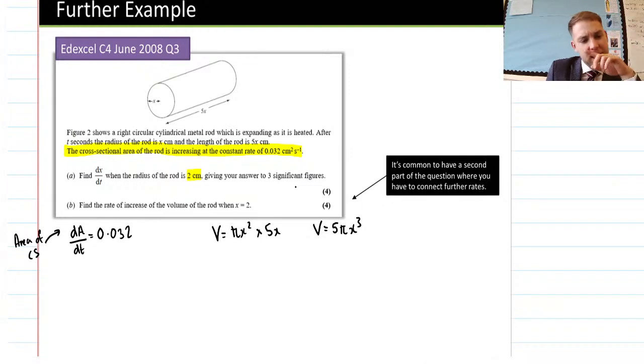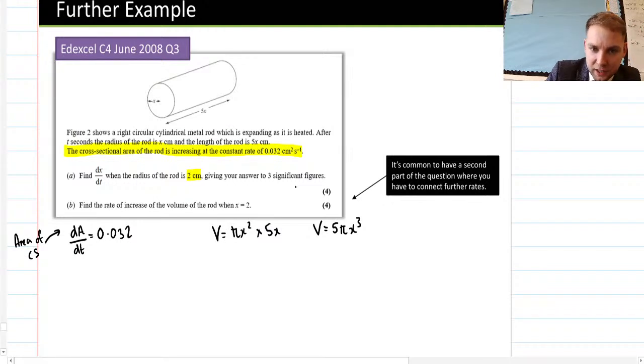Now the thing that they've told us is the area of the cross-section, and they've told us the rate of increase of the area of the cross-section. I know that the area of the cross-section, it's probably worth writing that down here, is equal to pi r squared, isn't it? Pi r squared, which is going to be pi x squared in this case.